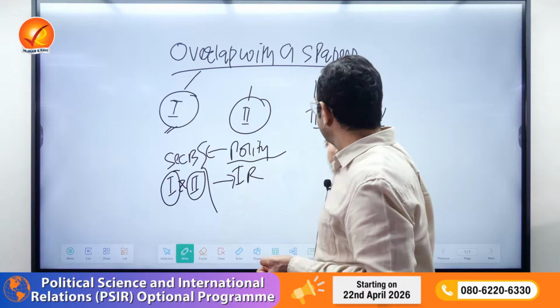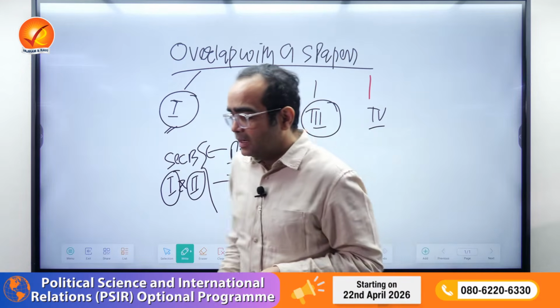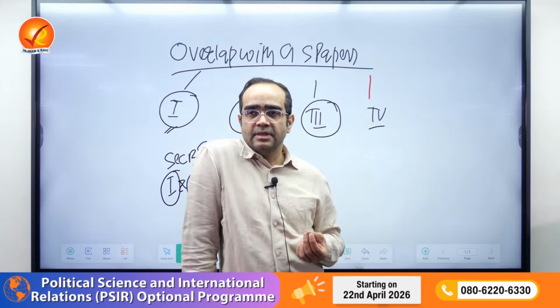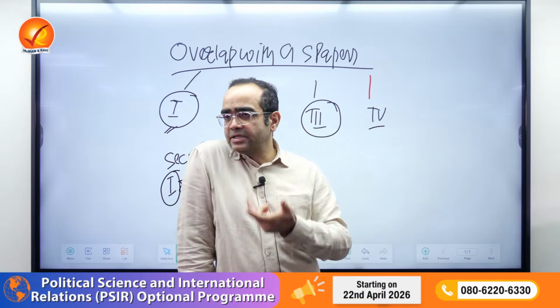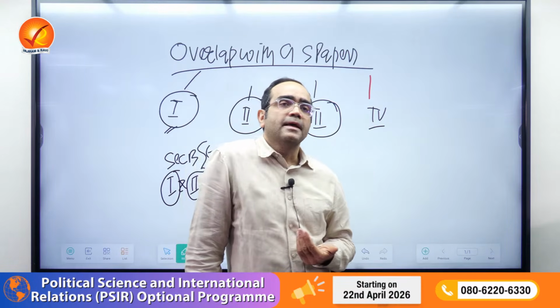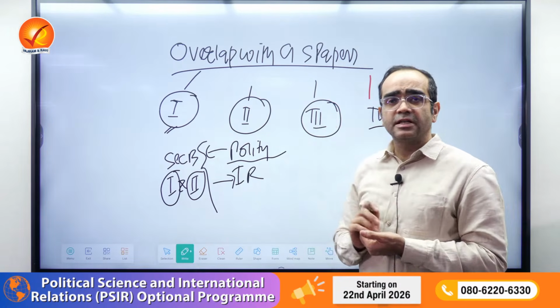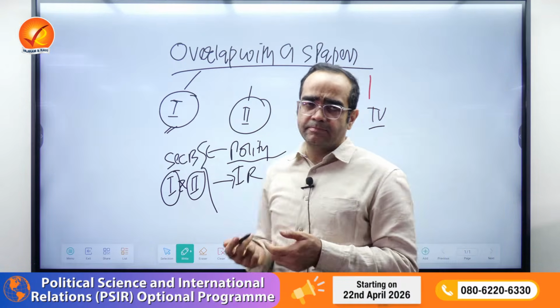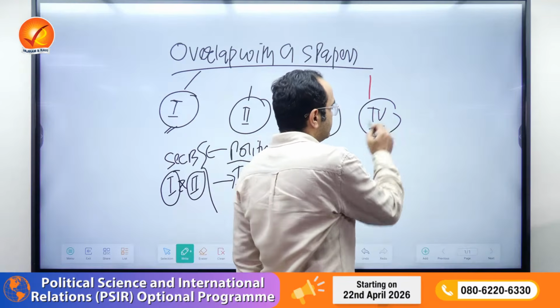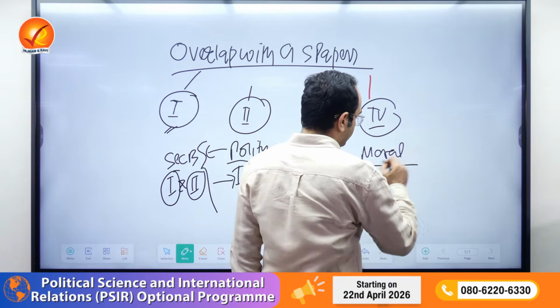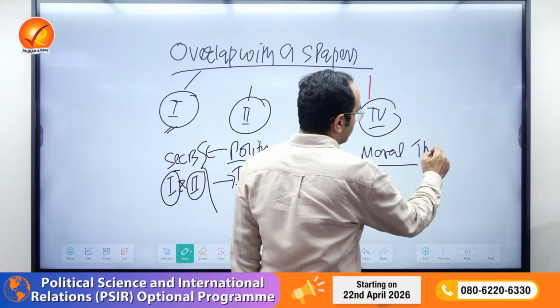Paper 3 you find again many issues related to international security like terrorism, like if you talk about, I mentioned land reforms is also there. So all are included in PSIR syllabus that we will be studying. And in paper 4 you find the moral thinkers, the philosophy in various thinkers.